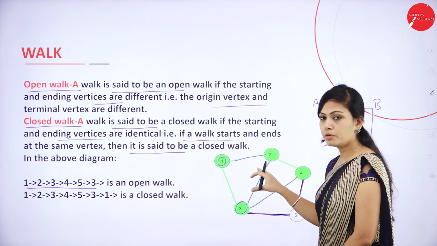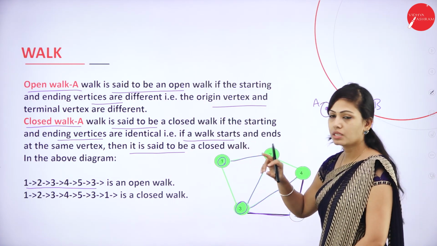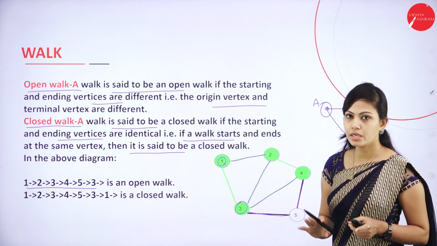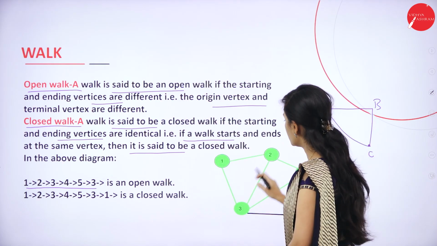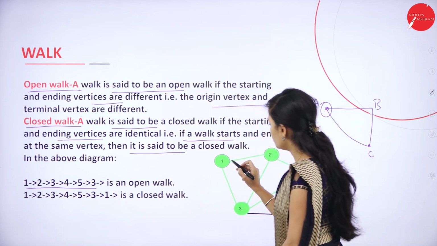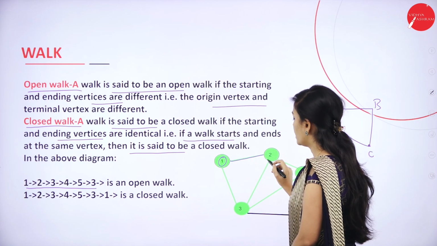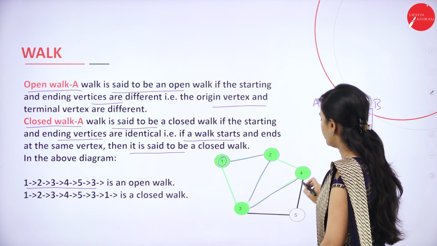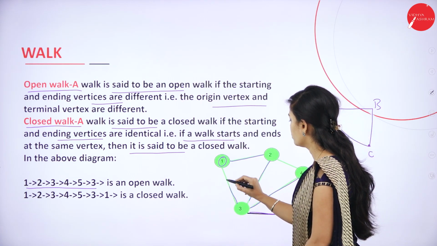So here walk means visiting each and every node exactly once, and the starting point and ending vertex should be different. This is an example for open walk. So next is closed walk. You just observe this: starting point is 1, 1 to 2 and 2 to 3, 3 to 4 and 4 to 5, 5 to 3 and 3 to 1.